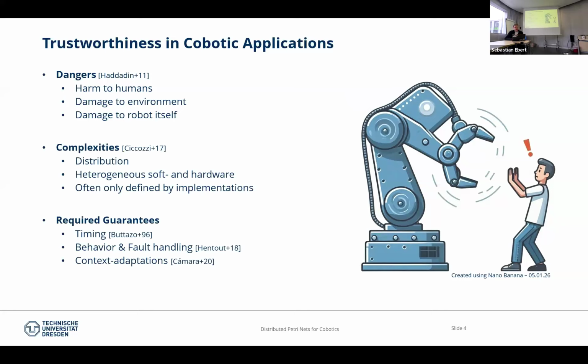And the third thing is we have to bring many guarantees with us. We are required, for example, to have timing guarantees, for example, real time. We need to handle behaviors and faults based on requirements of the application itself. And context adaptations are really important, especially to react to the world surrounding our robots in the end.